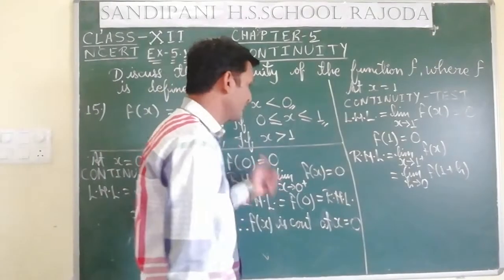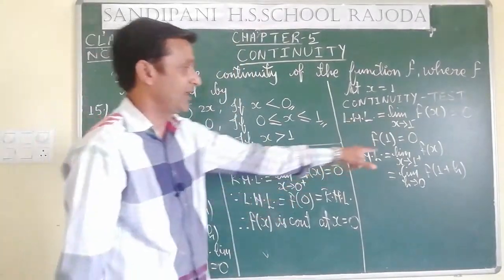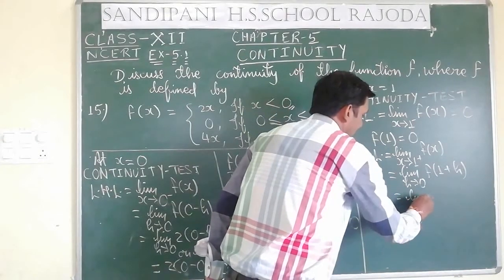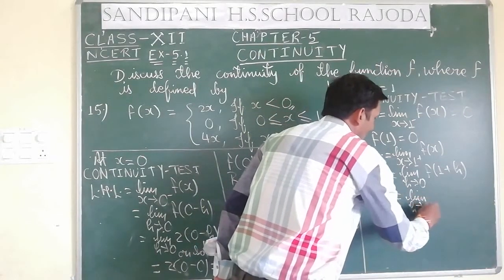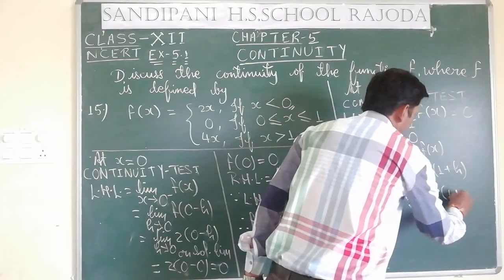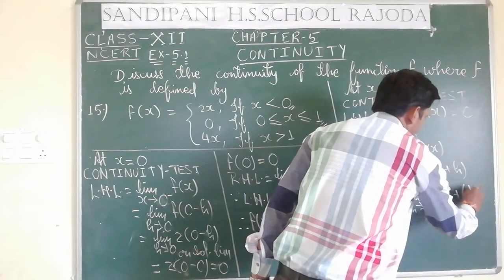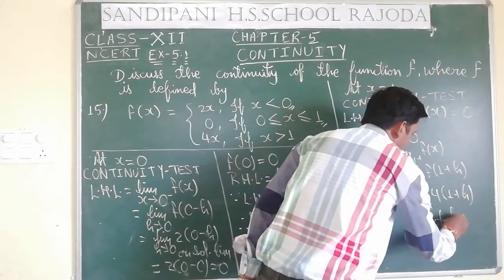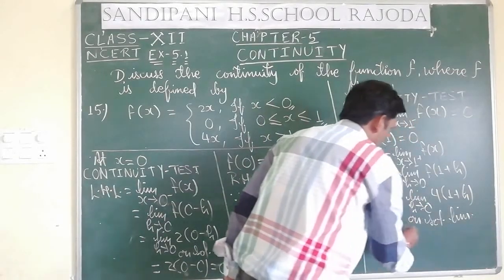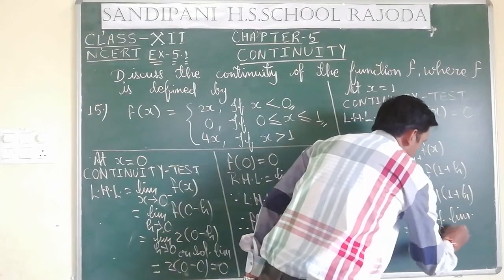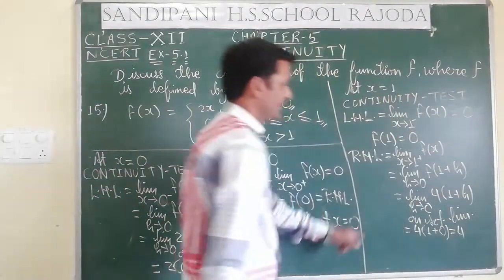So we have to substitute the value here now. In place of x, 1 plus h. So it will be limit h tends to 0 4 into 1 plus h. On solving limit, what will happen? It will be 4 into 1 plus 0, that is equal to 4 only. It is equal to 4.